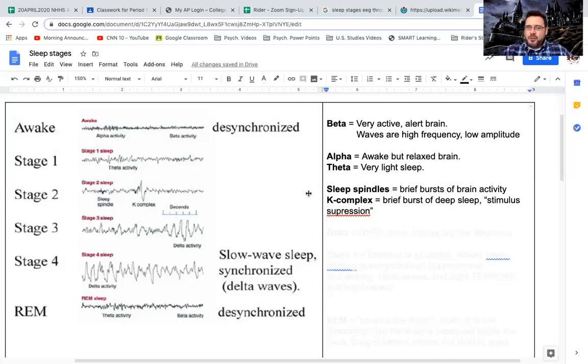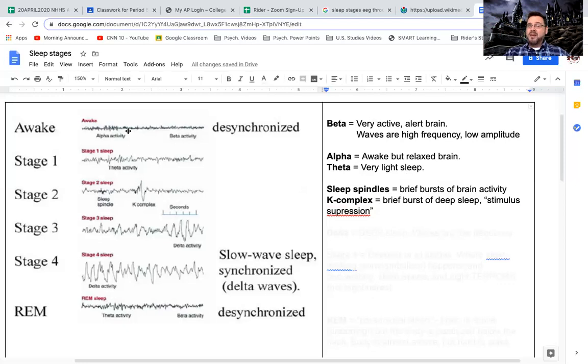So stage 2 brain waves are made up of sleep spindles, brain activity, like the brain isn't totally ready to be into deep sleep, but also signs of deep sleep as well, as the brain and the body are falling into deeper sleep.